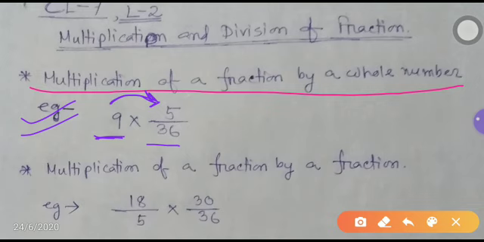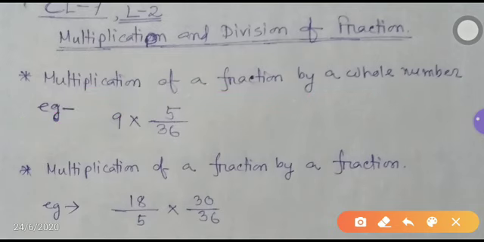So you see here 9 and 36 have a common factor. So by 9 we can cancel it. 9 ones are 9 and 9 fours are 36. What did we get? 1 into 5 by 4.